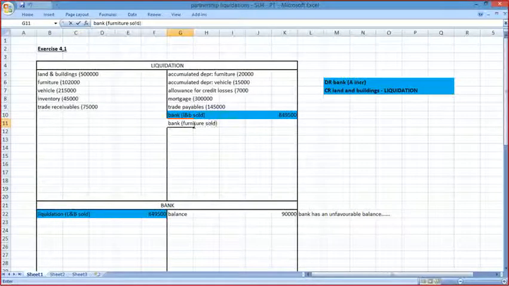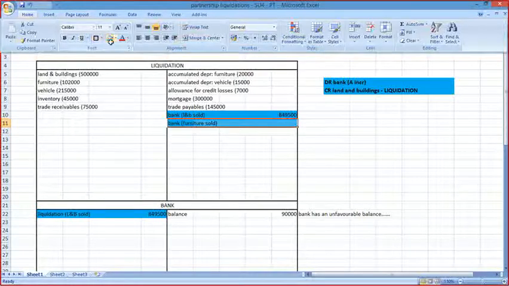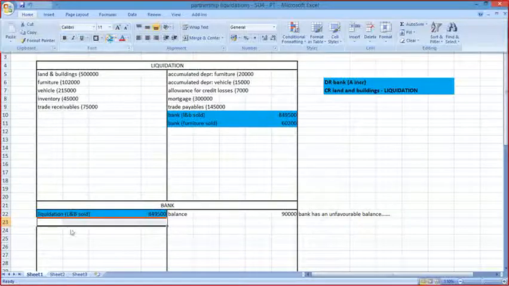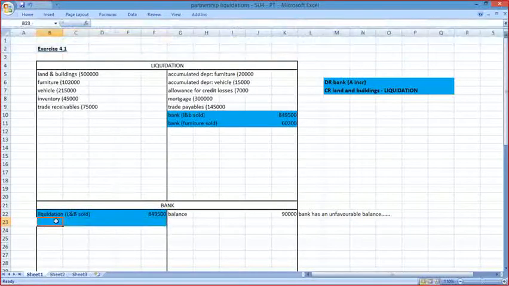What did you get for it? 60,200. And in bank, was it sold for cash? Yes, because we're liquidating, we're realizing cash. So liquidation, brackets, furniture sold, and again the 60,200.